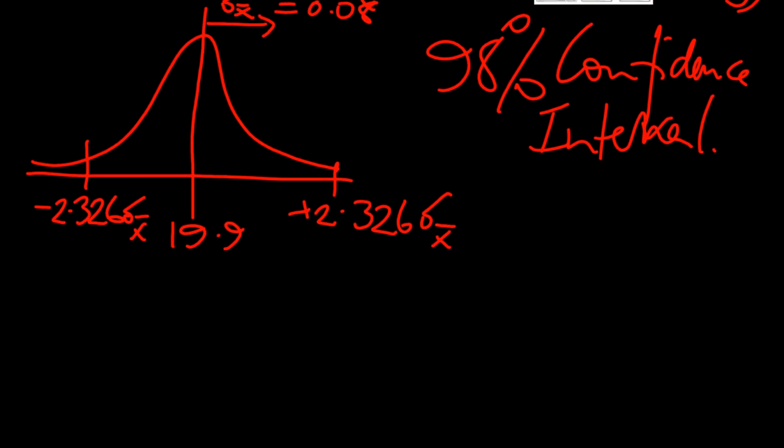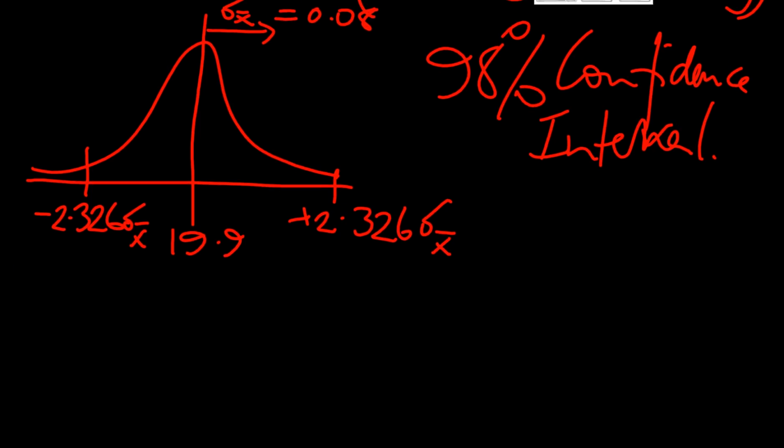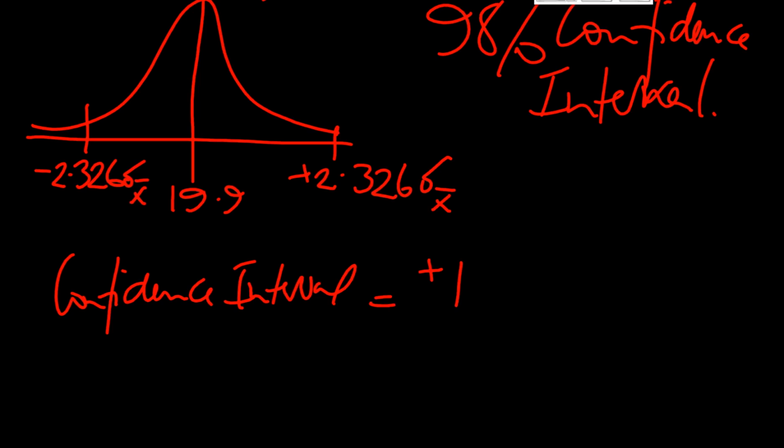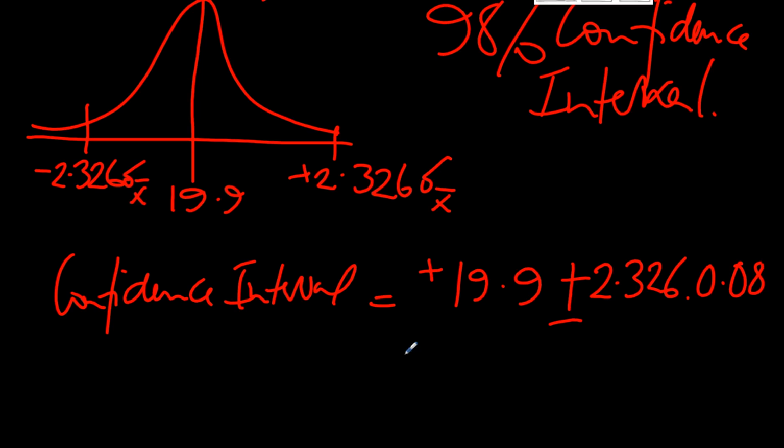And we knew what our figure was for our standard deviation, so we can now work out that our confidence interval is centered at 19.9, and then it's plus or minus our critical Z value 2.326, multiplied by our standard deviation, which we got as 0.08, which equals 19.9 plus or minus 0.2.